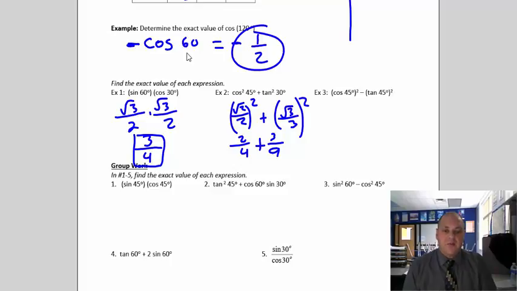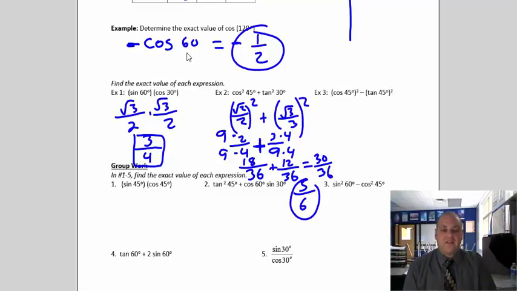All right, so we need a common denominator in order to add them together. So 9, 18, 27, 36 we can go to. So we're going to go to 36, times 4 and times 9. And so this is going to be 18 over 36 plus 12 over 36. And that's going to be 30 over 36, 5/6.